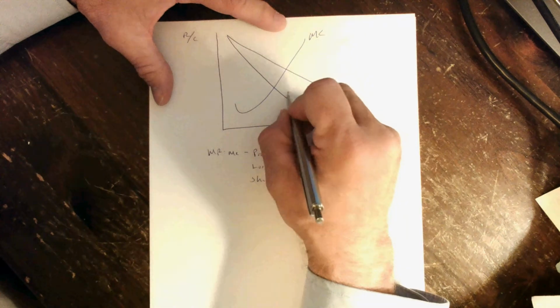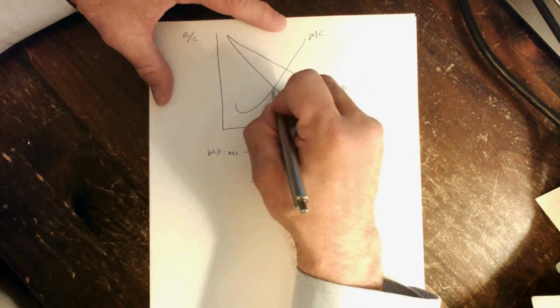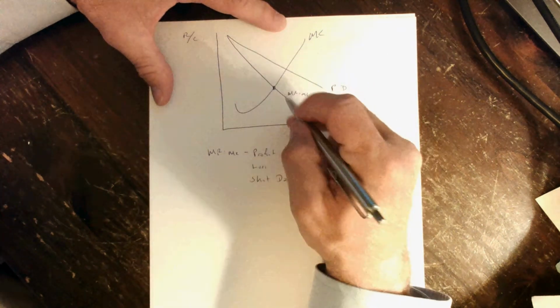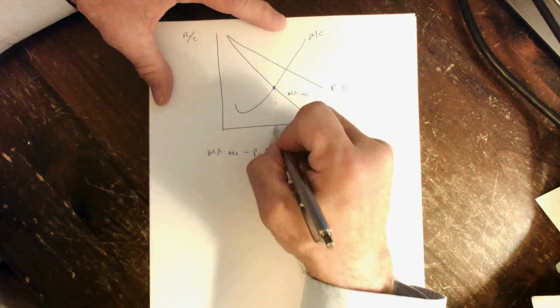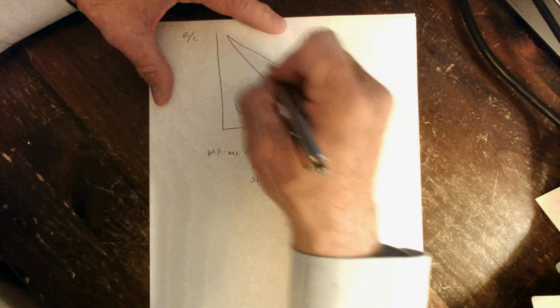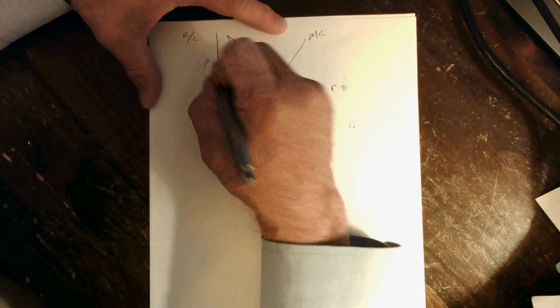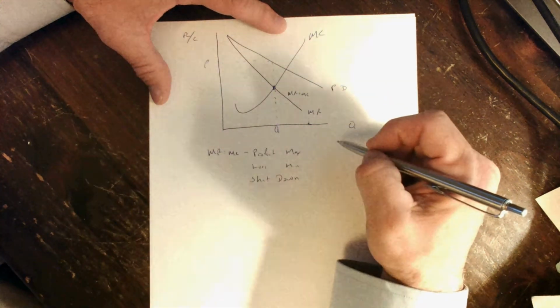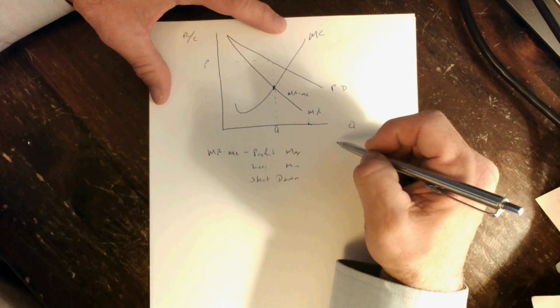So you find where marginal revenue equals marginal cost. Go down until you find the quantity. That's the quantity the firm will produce. Go up to the demand line, go over to the price line, and this will be the price-quantity combination of the firm.